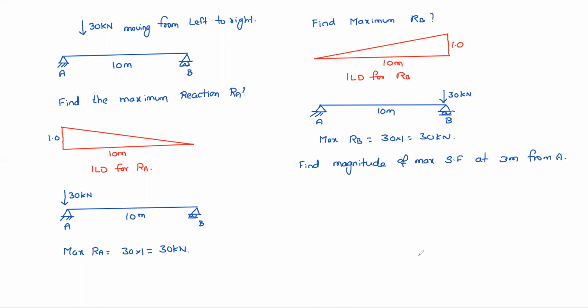So for that, at 3 meters from A, what is the ILD for shear force? That is important, that we need to draw first. It is like this, at 3 meters.